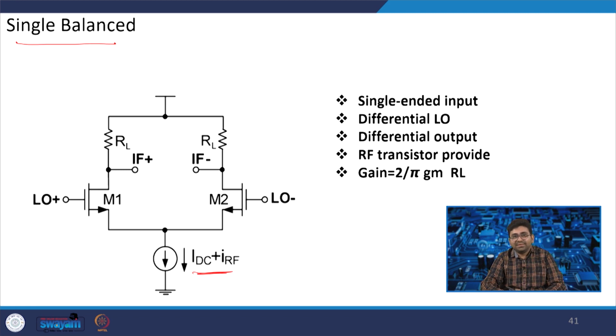So, in many cases this mixer is widely used where there is a constraint in terms of power, and you do not have multiple stacked transistors. So, you can have better linearity as well. So, this is about the single balance mixer.